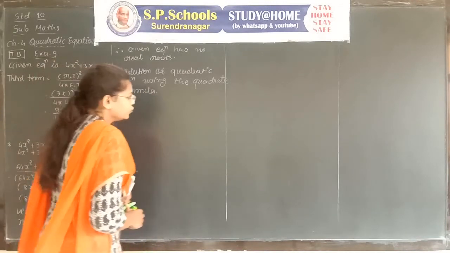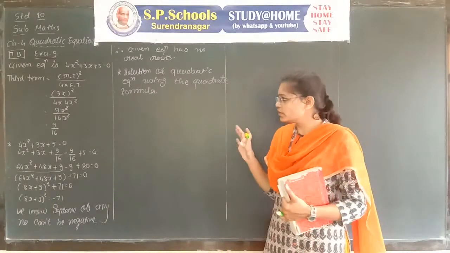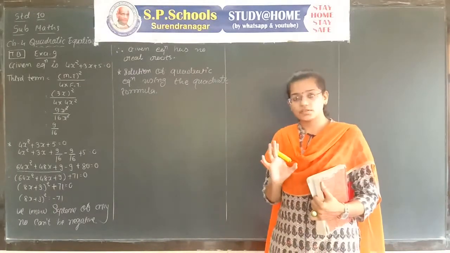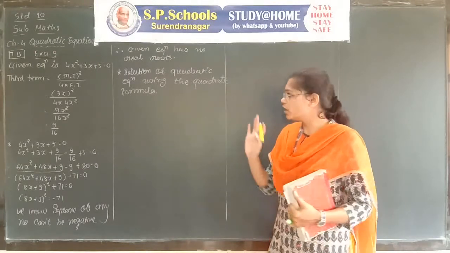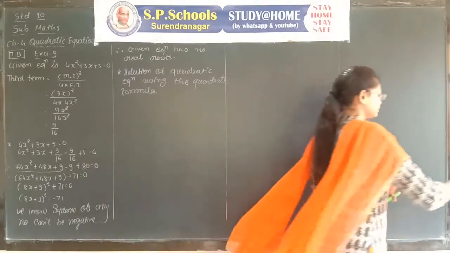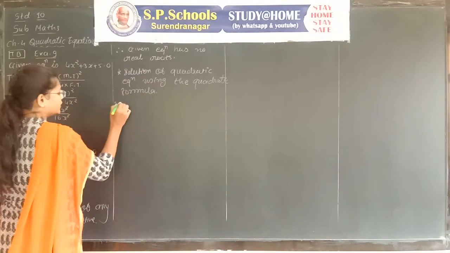The quadratic formula is also called Sridharacharya's formula, because the concept was given by the mathematician Sridharacharya. To use the quadratic formula, first we find the discriminant.